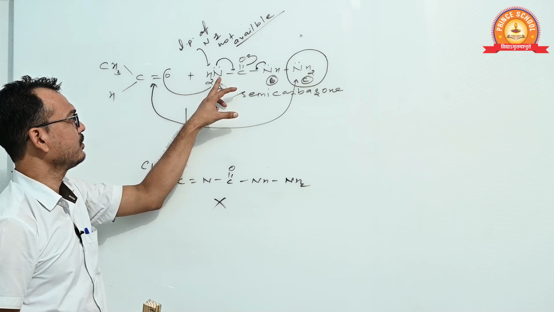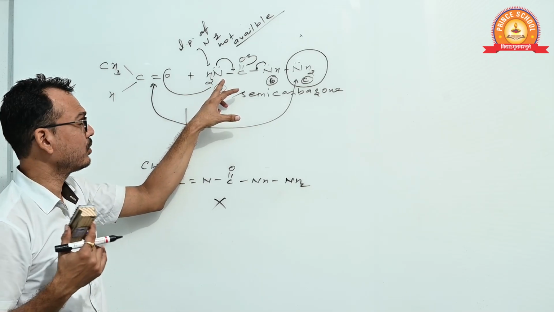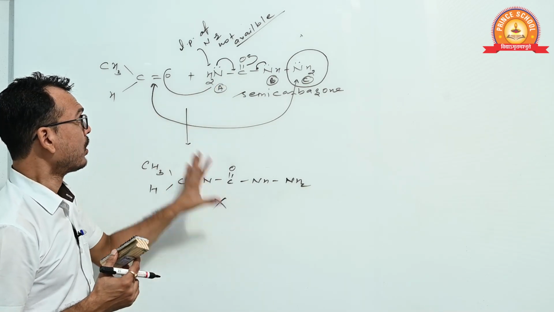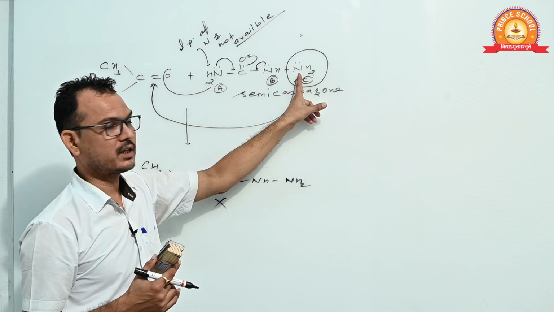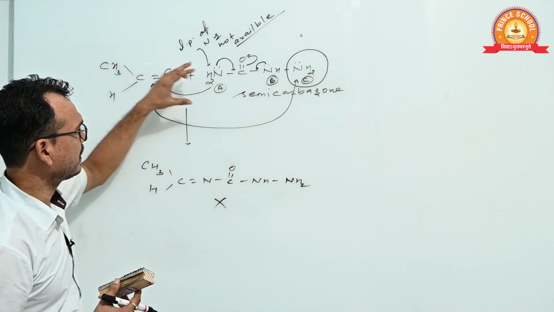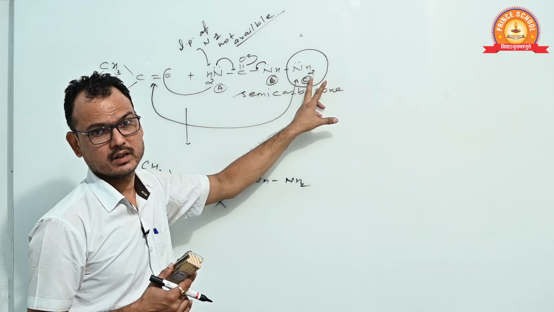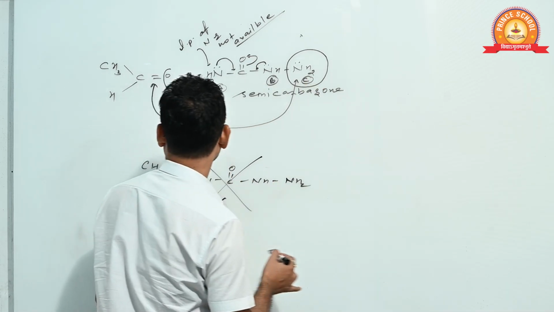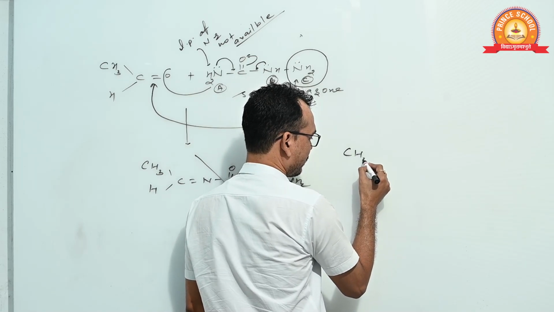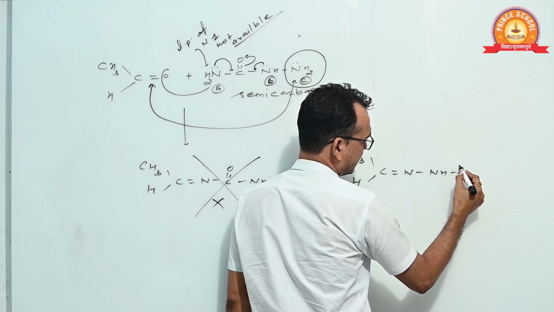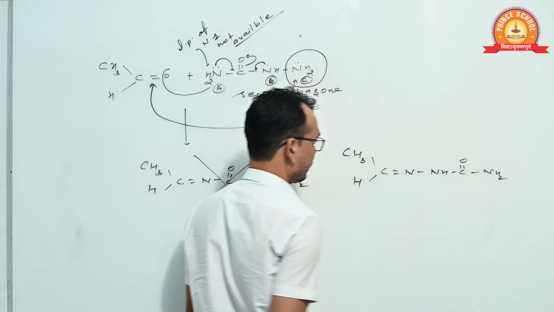Because the lone pair of nitrogen atom A is not available, since it is involved in the resonance. Only the nitrogen atom C is available. It means the carbonyl compound reacts with nitrogen atom C. This is not the correct product of this reaction. What is the correct product? It is C double bond N NH C double bond O NH2.